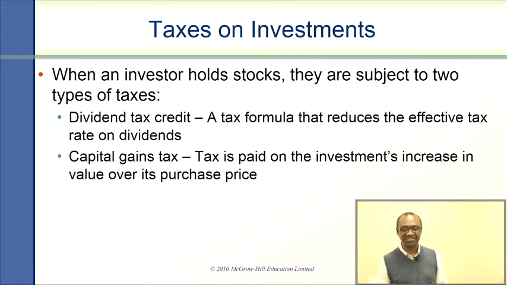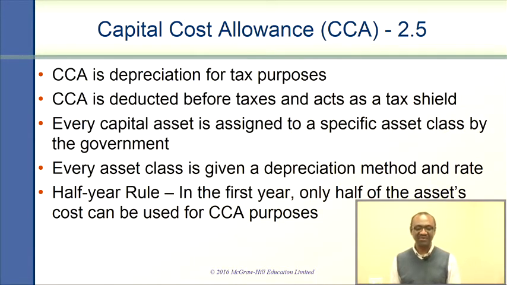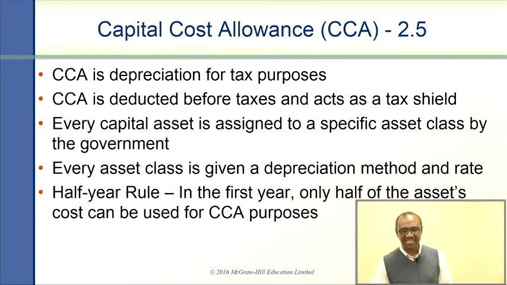As I said earlier, what is important for our class is really the capital cost allowance, which replaces depreciation. CCA, capital cost allowance, is depreciation for tax purposes. The reason we talk about CCA as opposed to depreciation is that depreciation has a lot of problems, because it is subject to estimates.